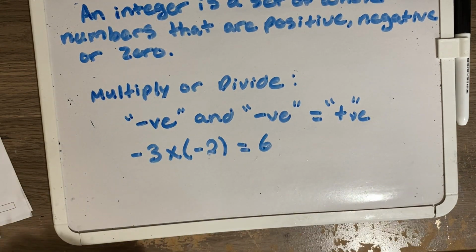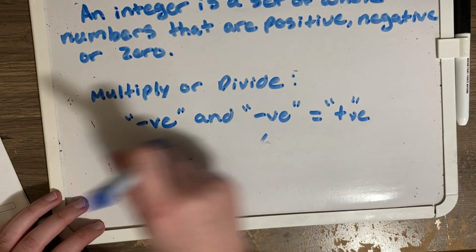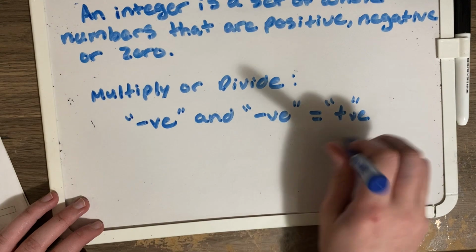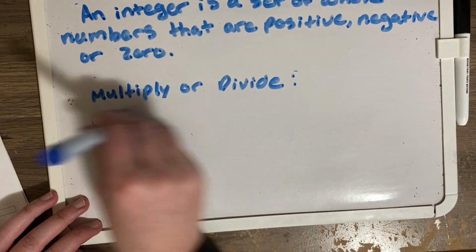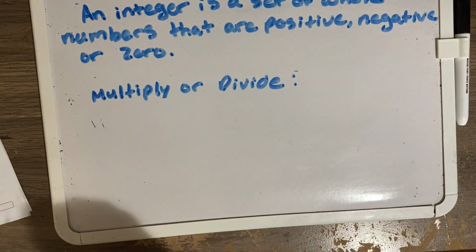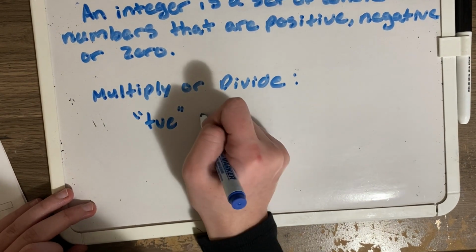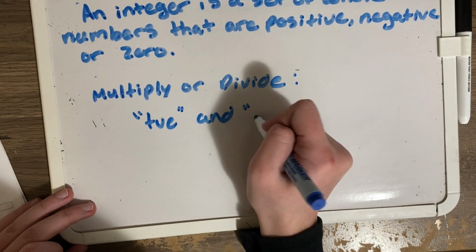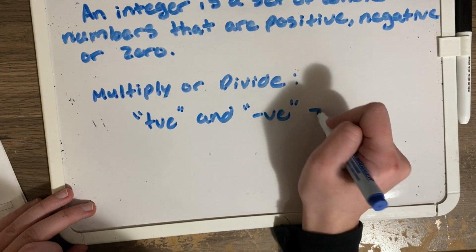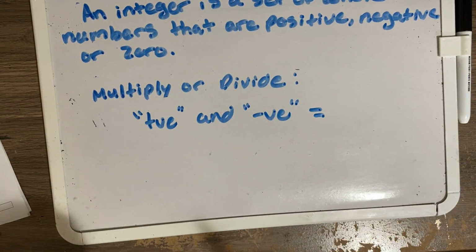And then, whenever I divide or multiply a positive number and a negative number, when adding and subtracting or combining, we had to worry about which one had the greater value.